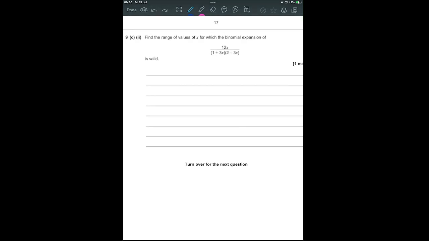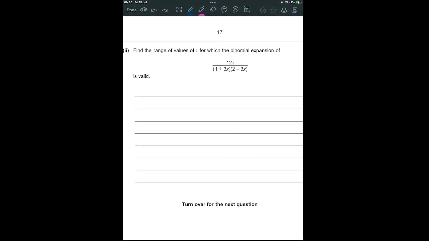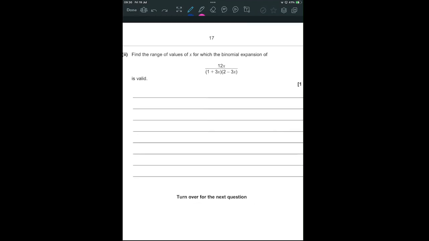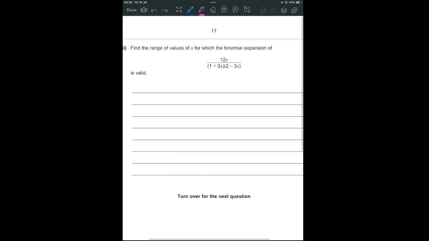Find the range of values of x for which that binomial expansion is valid. Only one mark for this. These expansions are valid when the x part is less than the other part. So we need mod 3x is less than 1 and mod 3x is less than 2 from the two separate brackets.